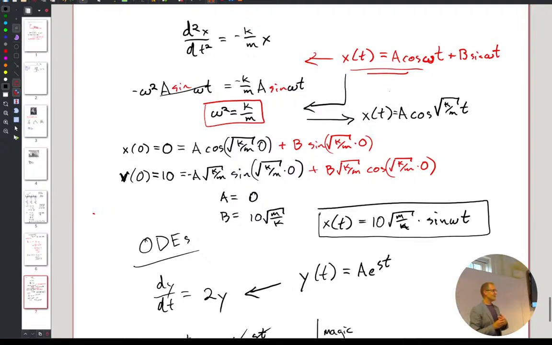But how do you prefer to make plots? If you're going to compare answers, I have these functions, what do they look like? I like either MATLAB or Python or any of those. I can plug in the formulas. It just makes more sense to me. I used to use Maple years ago.